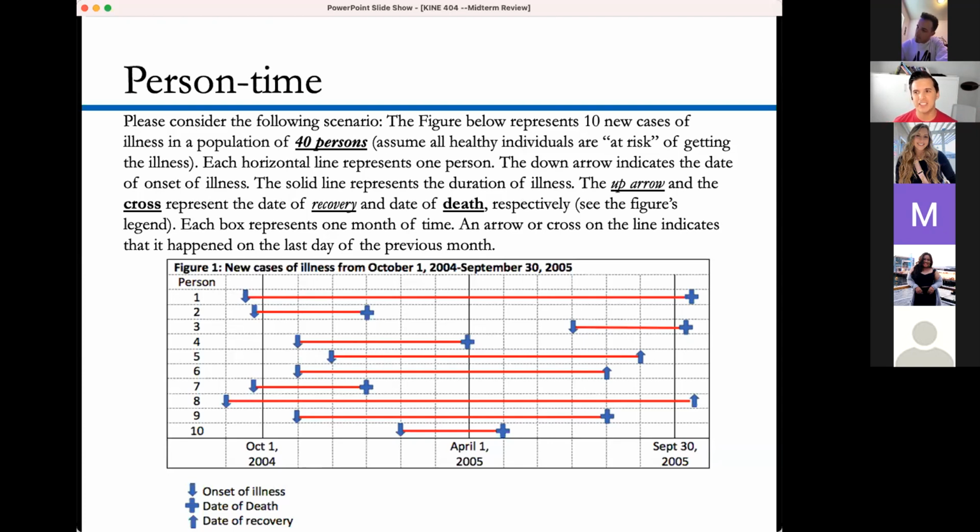And you are going to be asked the questions: what is the prevalence of disease on one of these 3 dates? What are the number of person months contributed by the people in this population? And then what is the incidence rate from October 1st to September 30th? That will be on the exam.